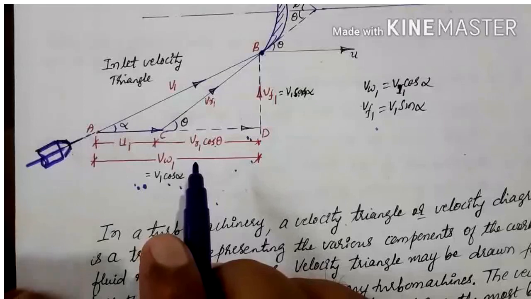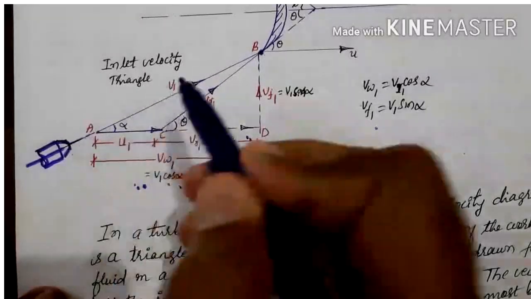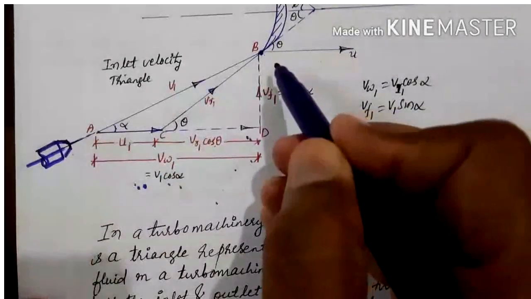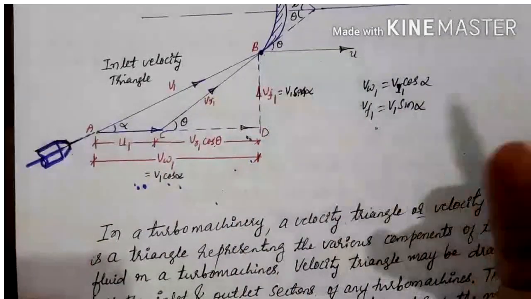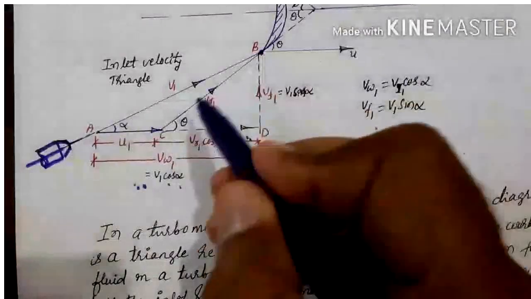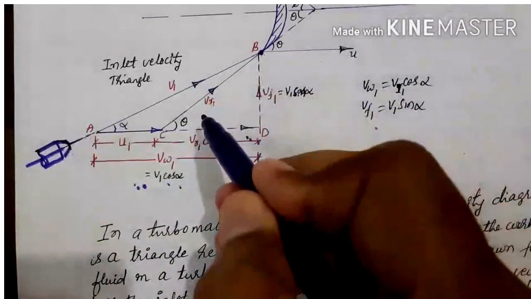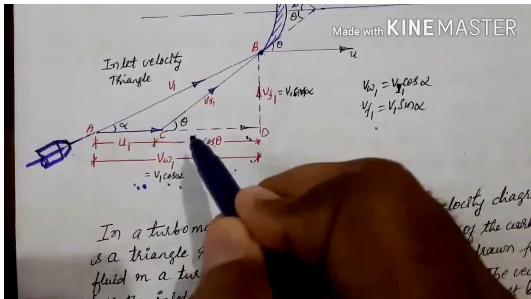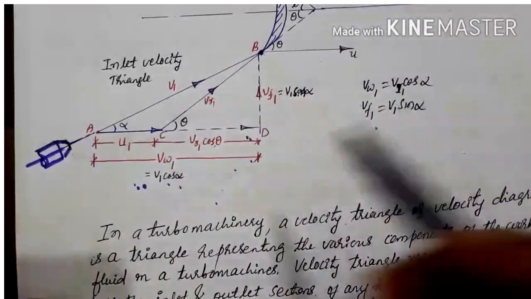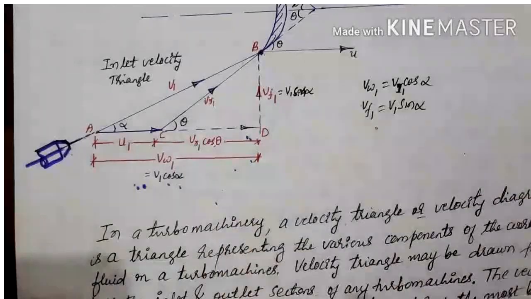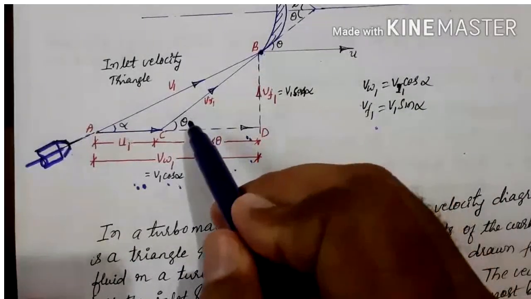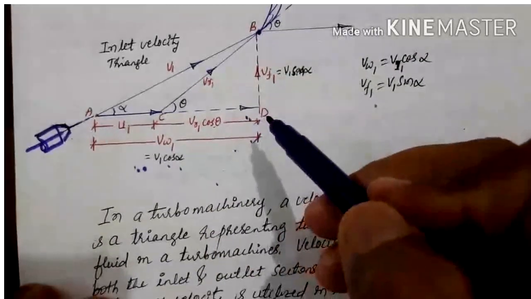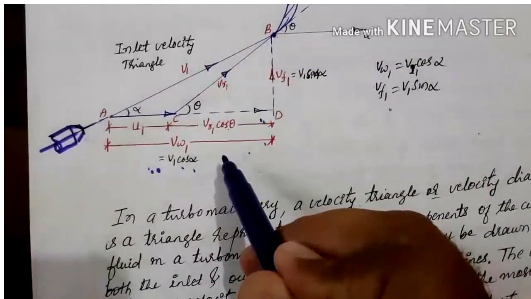Now how to construct this velocity triangle? As we know, the jet is coming with a velocity V1 and hitting the blade, and the blade will be moving with a velocity u. Then the difference of the two is taken as the relative velocity, and these three components represent the velocity triangle, that is V1, VR1 and u1, the blade velocity. So let us look at the inlet velocity triangle.